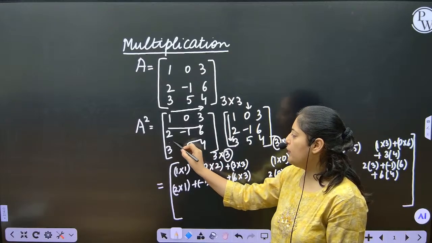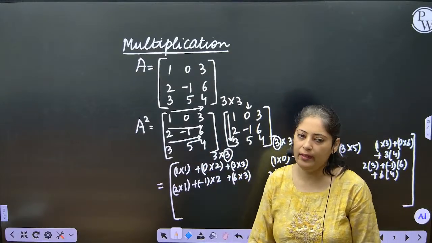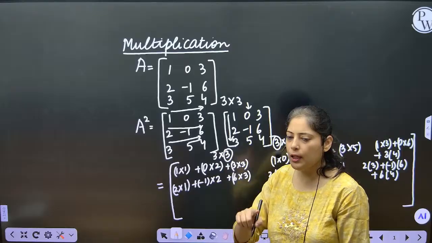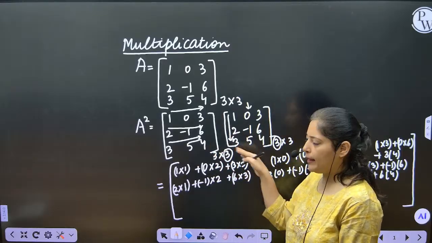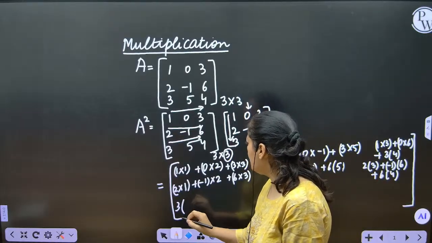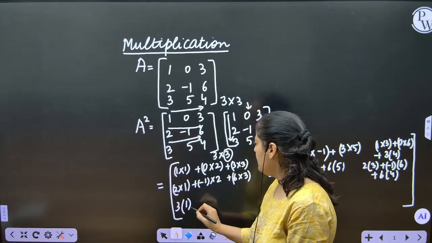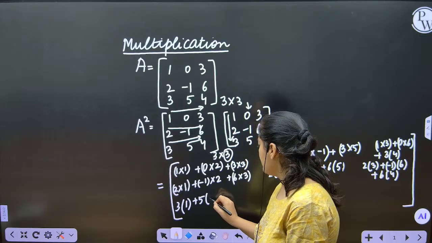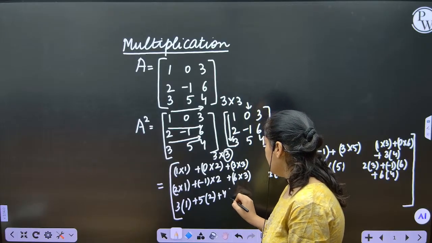Now we will deal with all the elements in the third row: third row first column, third row second column, third row third column. So third row, first column element, 5 into 2, 4 into 3.